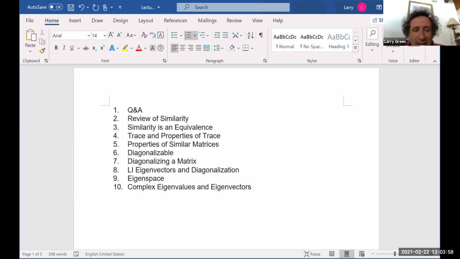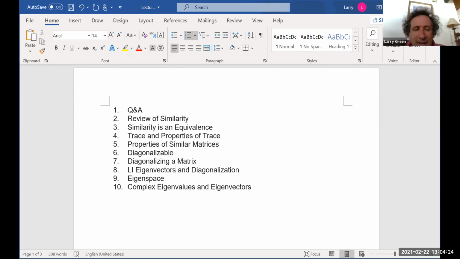And how does that relate to diagonalization? Then we'll get into the eigenspace for an eigenvalue. And again, these are definitions. If you don't know what they are yet, that's fine, but you will hopefully by the end of the hour and 45 minutes or so. And then finally, we'll talk about complex eigenvalues and eigenvectors.